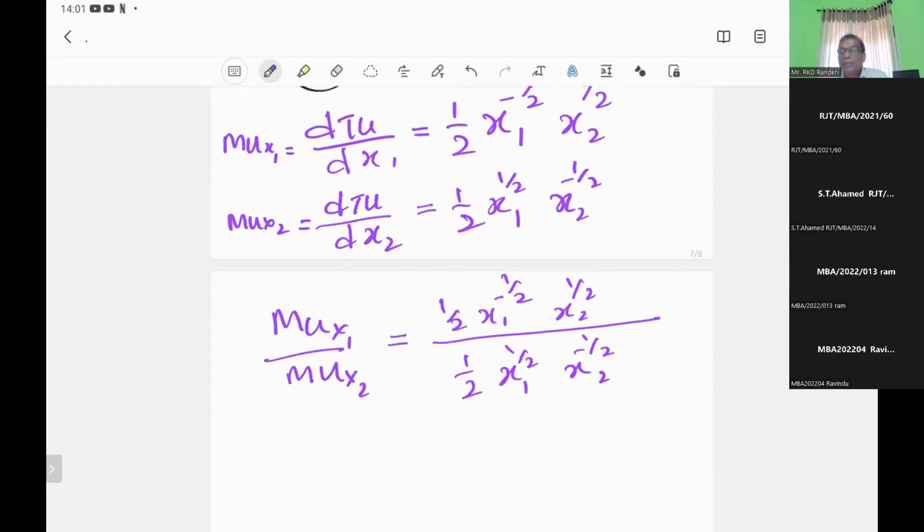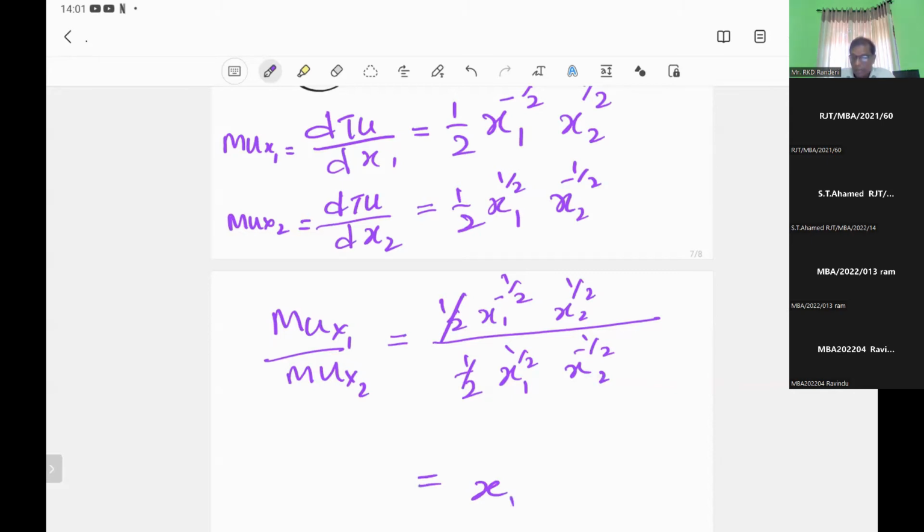You can simplify this. There is a rule, that is the index rule. Now you can remove the two halves. According to the index rule, the minus part comes down, then plus. Then x1 to the power half over x1 to the power half is cancelled.